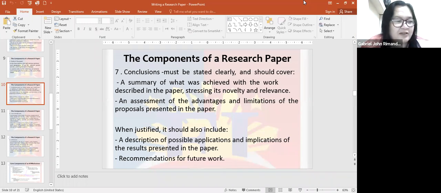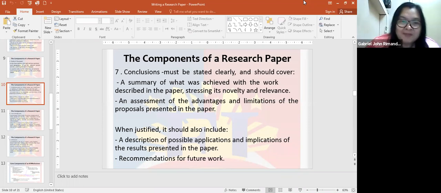We are just giving you a sample on how to do it. So if you're going to push through with your PhD, somehow you have already an idea how to do this. And a dissertation is a little harder and more difficult than a research paper, a thesis. Okay? And it's very costly too.